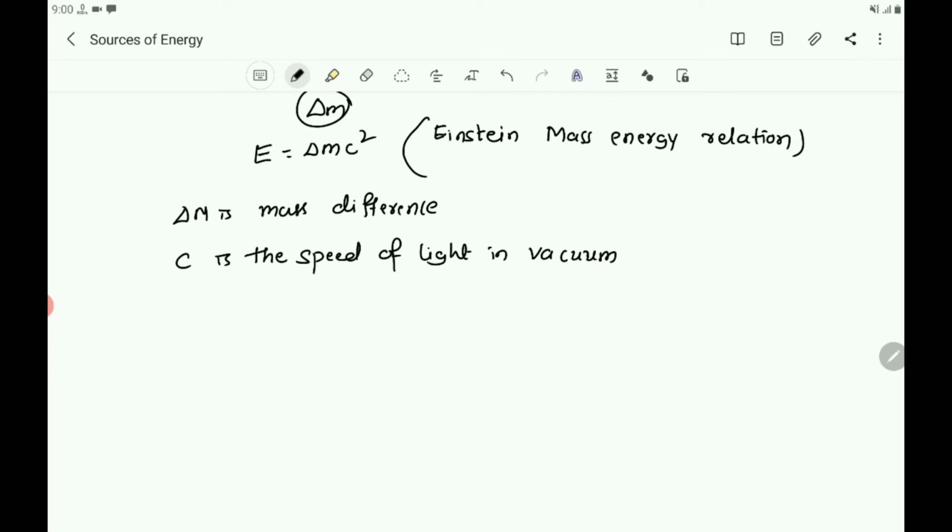The unit of energy in nuclear science is the electron volt, eV.